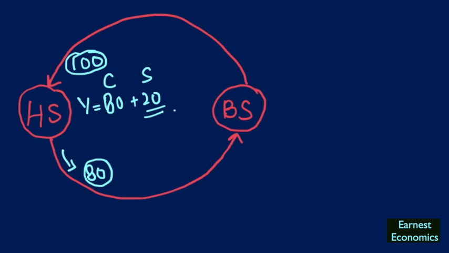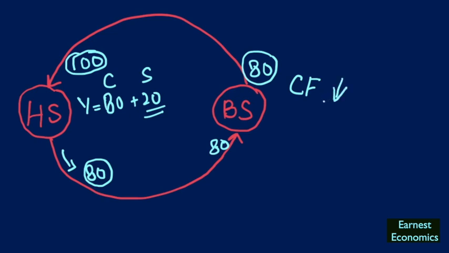So if such a case occurs, then obviously the circular flow will have 80 rupees, the business sector will be receiving 80 rupees, and it will only give 80 rupees to the household sector in the form of factor payments. So if we take money out of the circular flow, its volume, its value will decrease.